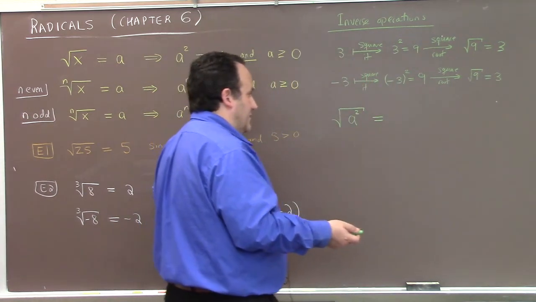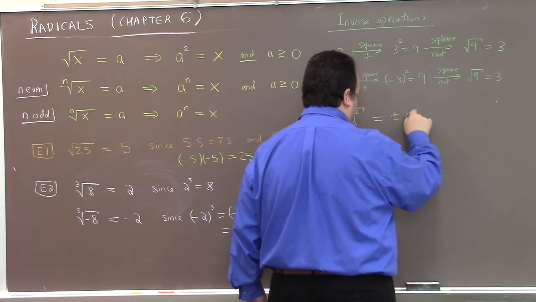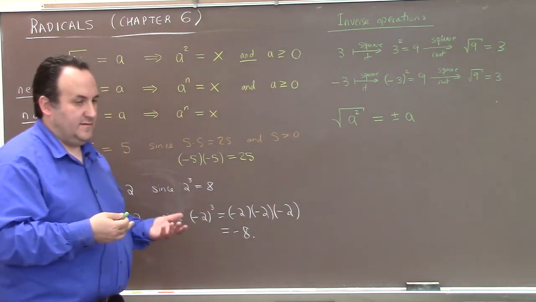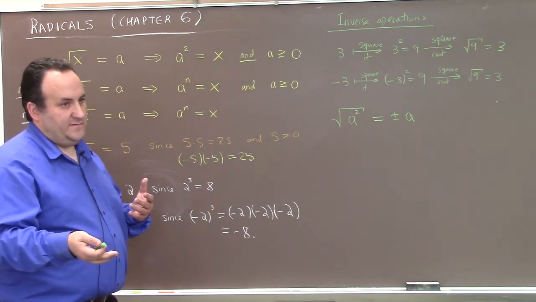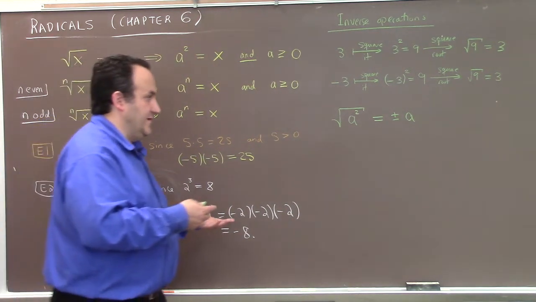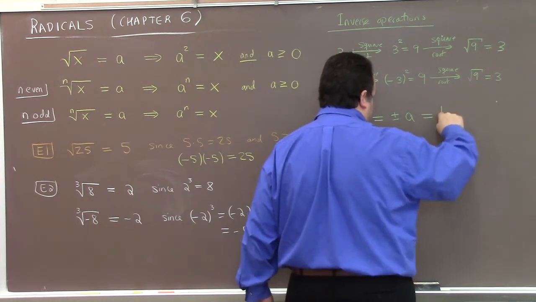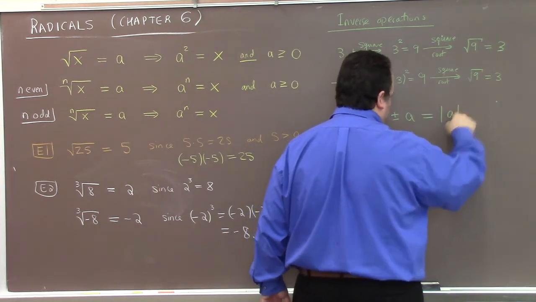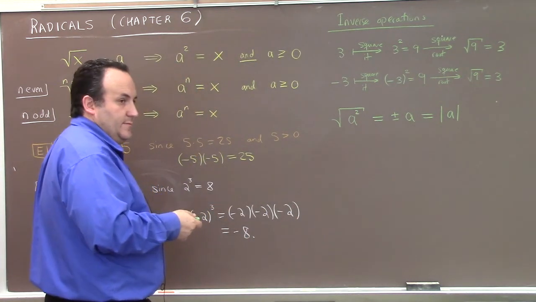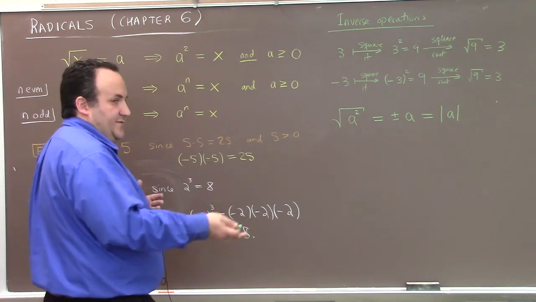So the answer here is it's equal to plus or minus a. When is it plus? When is it minus? It's plus when a is positive. It's minus when a is negative. We have another name for this function. This is the absolute value of a. So the square root of the square is the absolute value.